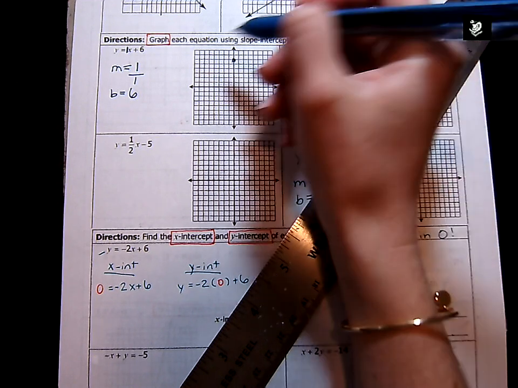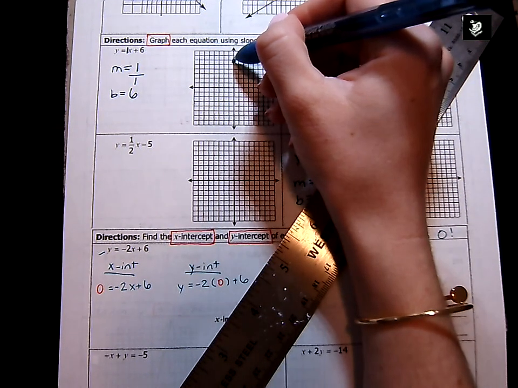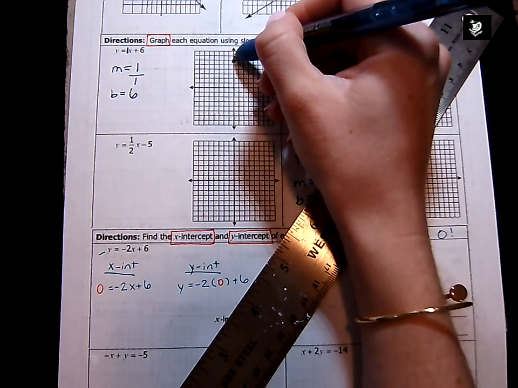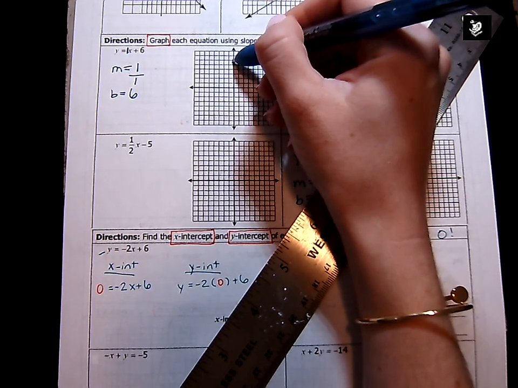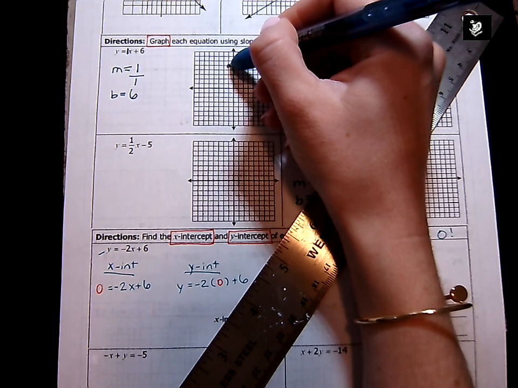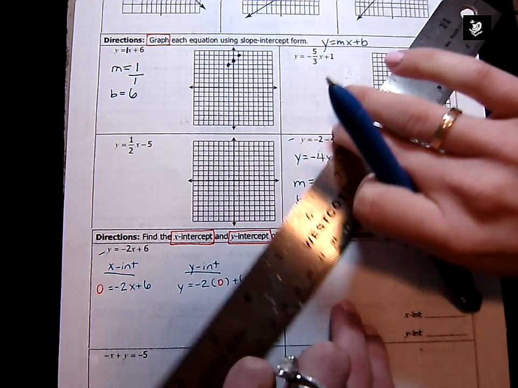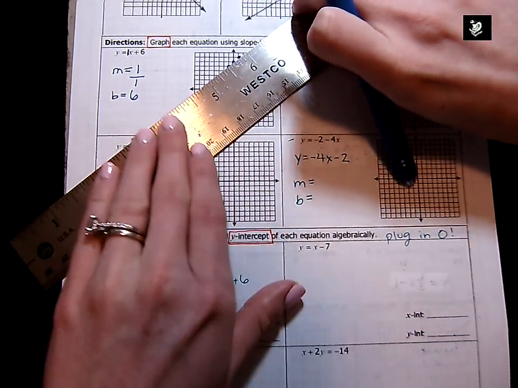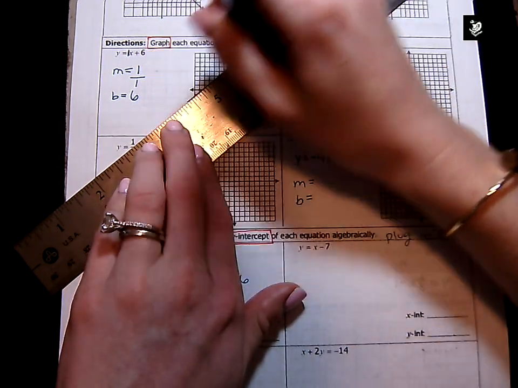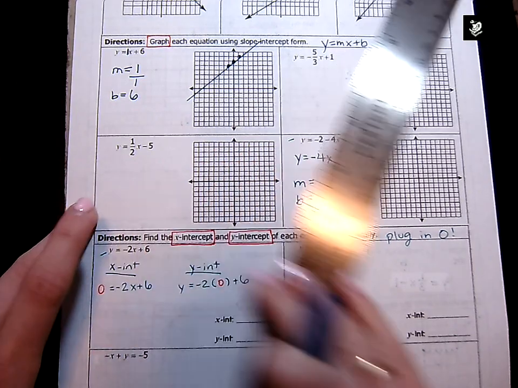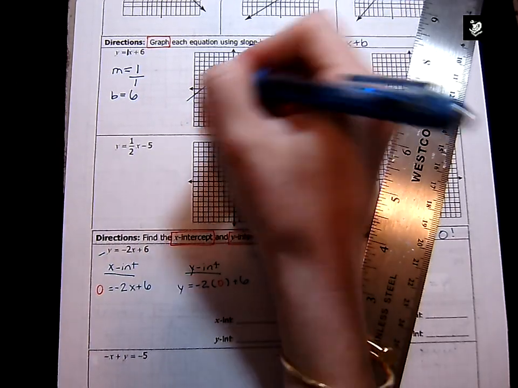And then this says 1 over 1. So positive 1 means go up. Over positive 1, go to the right. Remember, if you run out of space, you can always go the opposite way. Down 1, left 1. How many points determine a line? 2. So once I have at least 2 points, I'm going to connect them. And what always goes on the ends? Arrows.